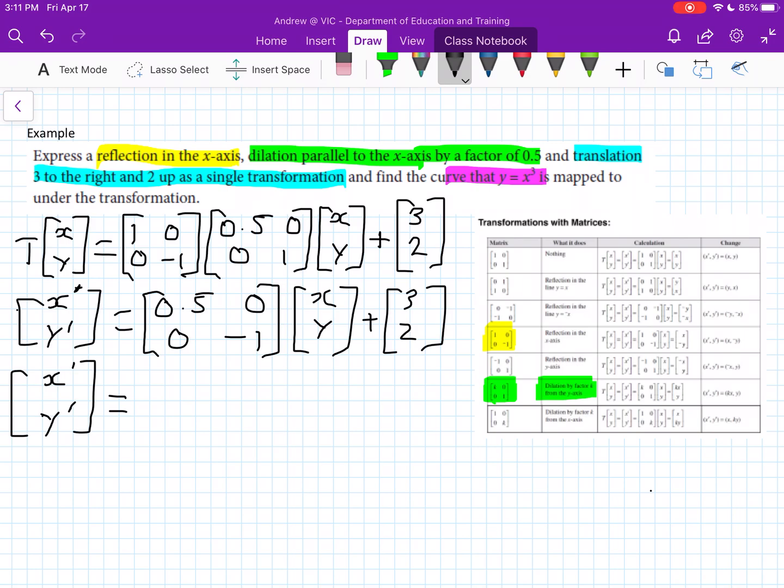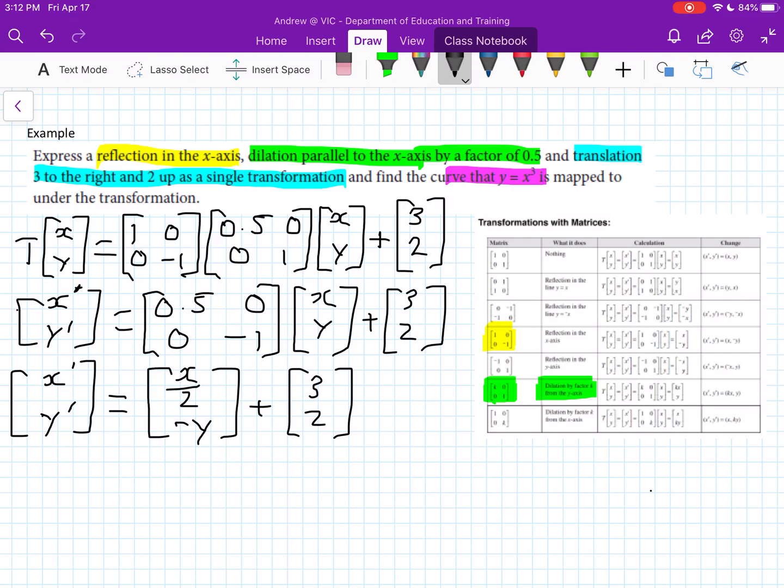This will then go to x over 2, so that's half of x. I'm just writing it as a fraction here now. Then negative 1 times y is negative y, plus 3 and 2. Now we can combine these matrices together.